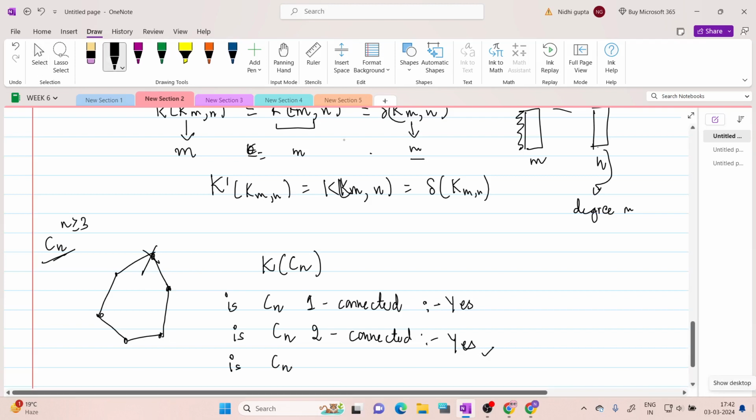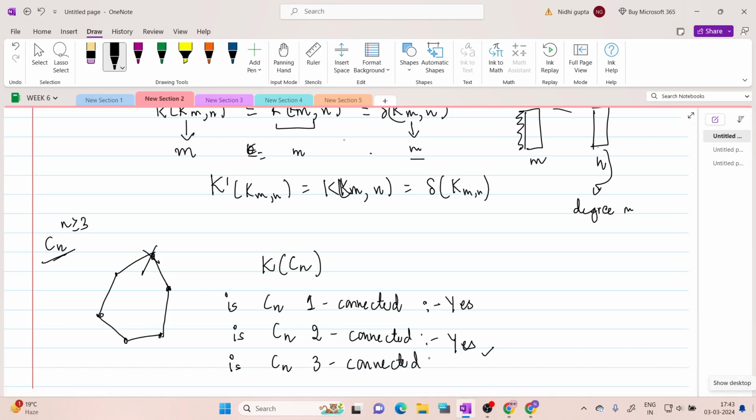Is Cn 3 connected? No. Then you have to give me a vertex cut of size 2. Suppose this is my C6. So what is the vertex cut here?